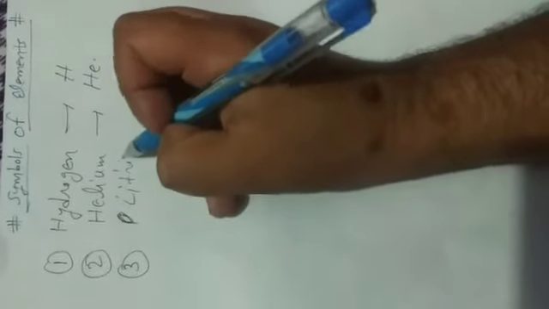The third element is lithium. Its symbol is Li. Fourth element is beryllium.